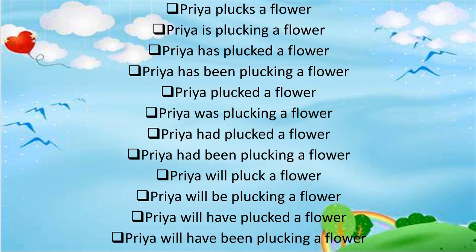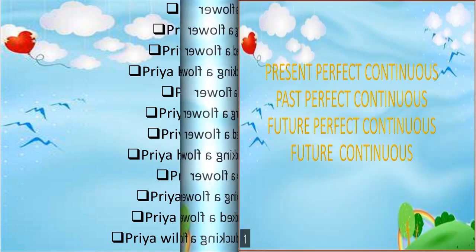Priya plucks a flower, is plucking a flower, has plucked a flower, has been plucking a flower, plucked a flower, was plucking a flower, had plucked a flower, had been plucking a flower, will pluck a flower, will be plucking, will have plucked, and will have been plucking.